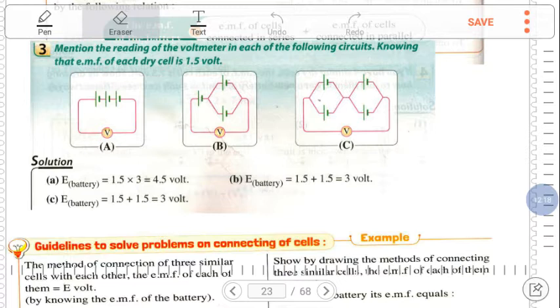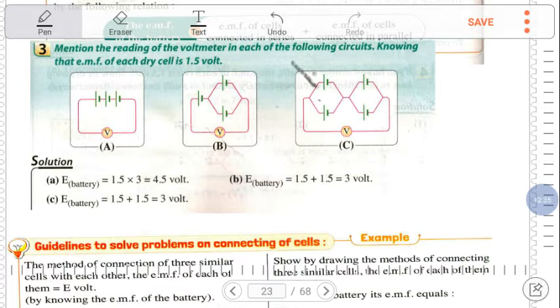The third one, in figure C, we have two connected in parallel, so it's 1.5 for both of them, and the other two connected in parallel, so it's 1.5 for both of them.